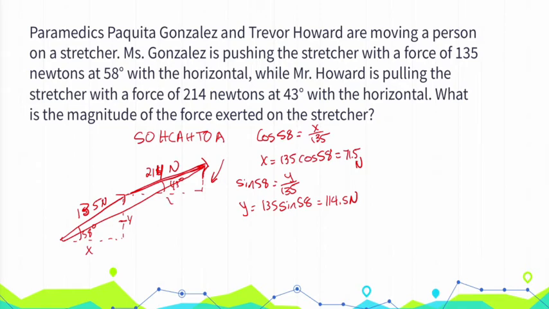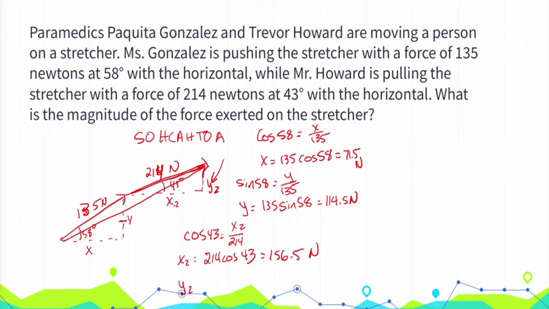So again, we'll call this x2 and y2. x2 is our adjacent side. So cosine of 43 equals x2 over 214, or x2 equals 214 cosine 43, which is 156.5 newtons.